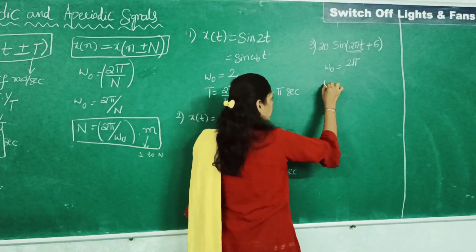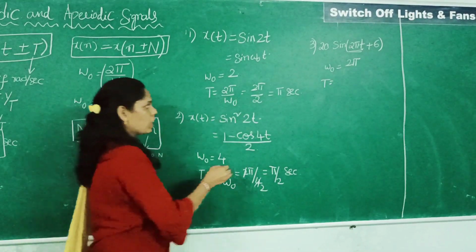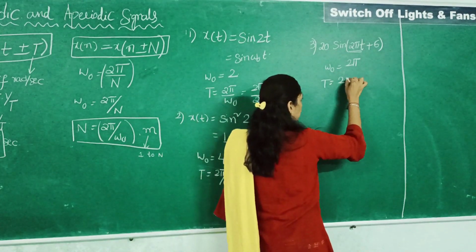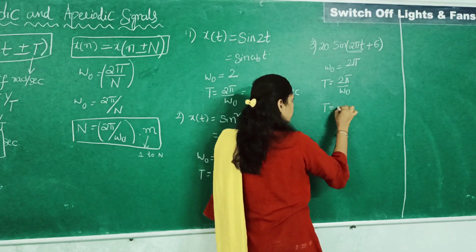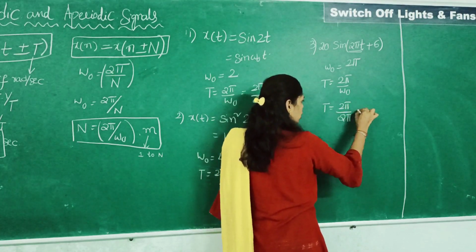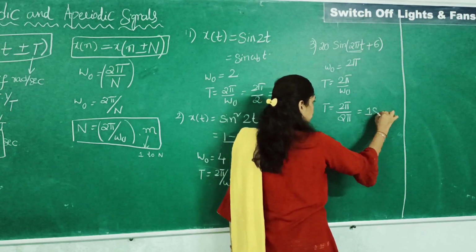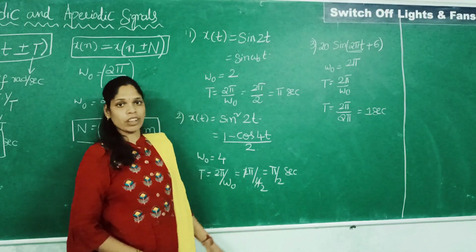What is the time period equation? The time period, as I already said, is 2 pi by omega naught. So what will you get here? T equal to 2 pi by 2 pi. This is equal to 1 second.